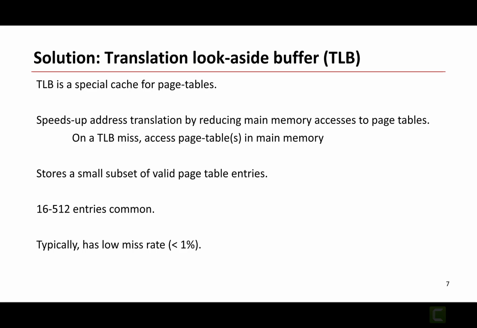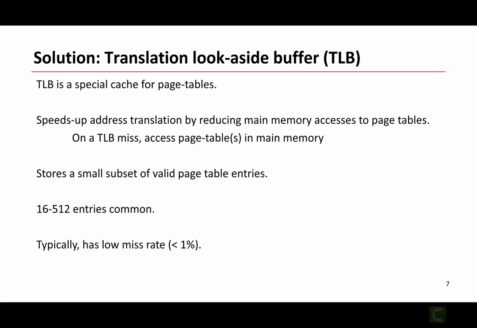That's one option. But then we are going to pollute our regular data that the program is going to access, and maybe it is not specialized enough to exhibit a good amount of locality for the page table that we want.